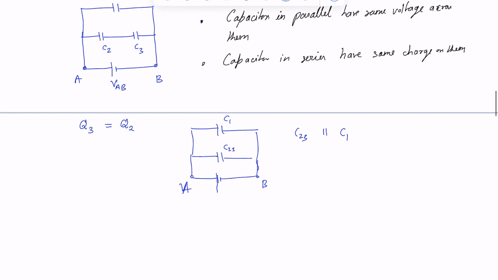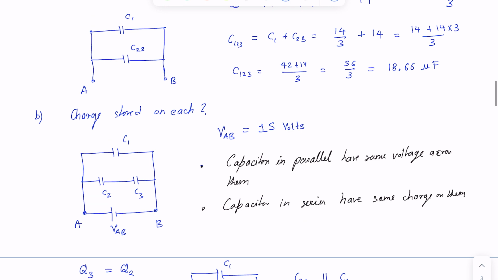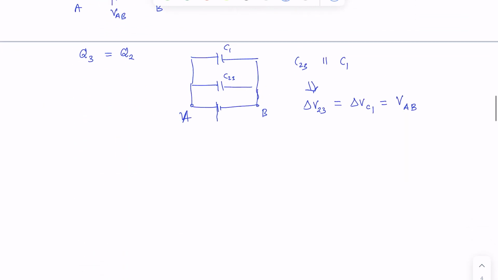That means, using the facts stated above, the potential difference across C23, delta V23, will be the same as the potential difference across C1, and that will be equal to VAB, which is given as 15 volts.